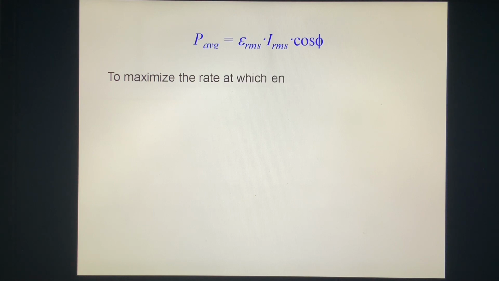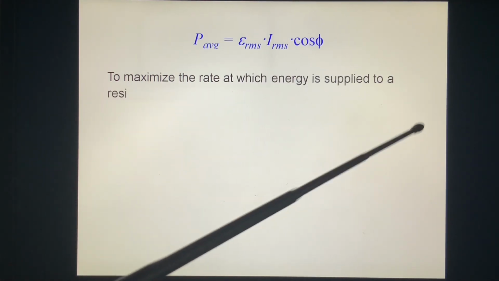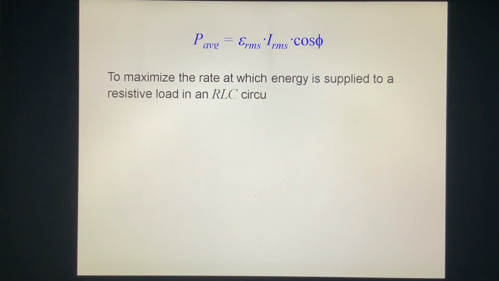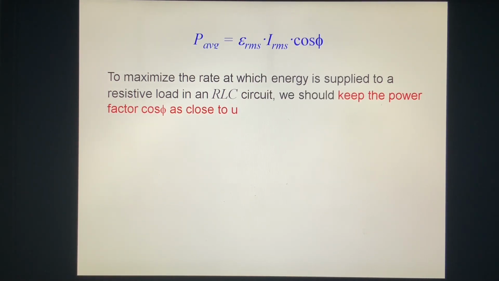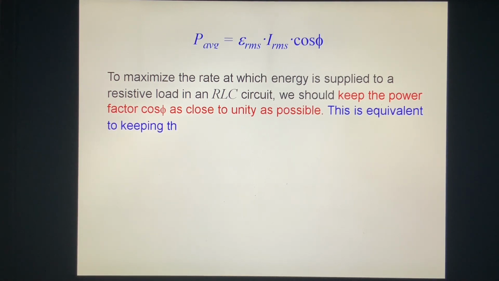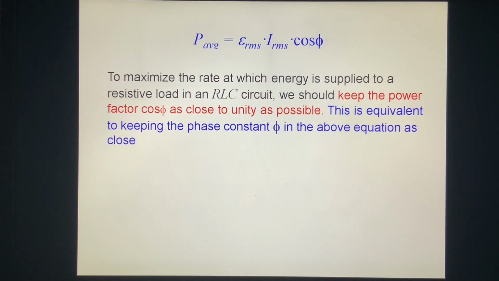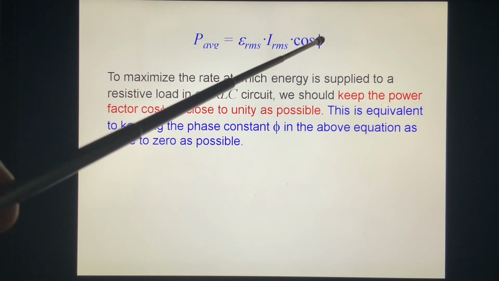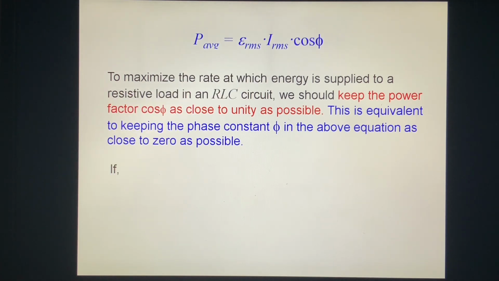To maximize the rate at which energy is supplied to a resistive load in an RLC circuit, we should keep the power factor cosine phi as close to unity as possible. This is equivalent to keeping the phase constant phi in the above equation as close to 0 as possible. Phi equal to 0, cosine 0 is 1.